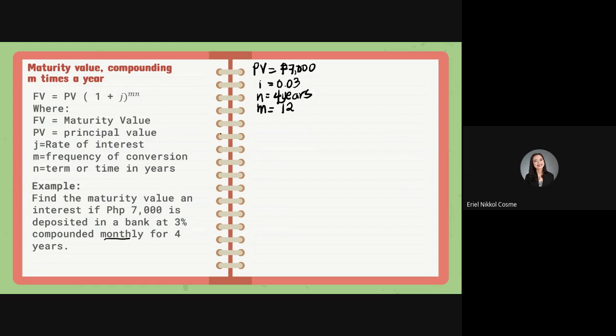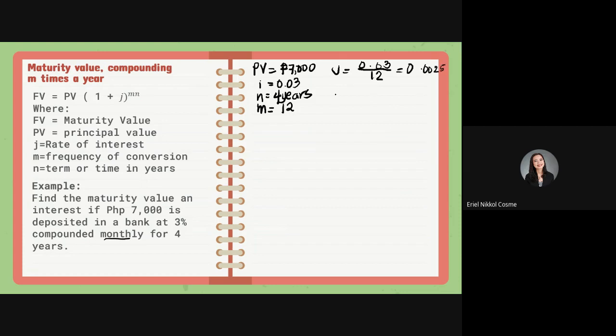Next, let us find our J. We have the rate, which is 0.03, divided by the conversion period, which is 12. So, the value of your J is 0.03 divided by 12, which is 0.0025.